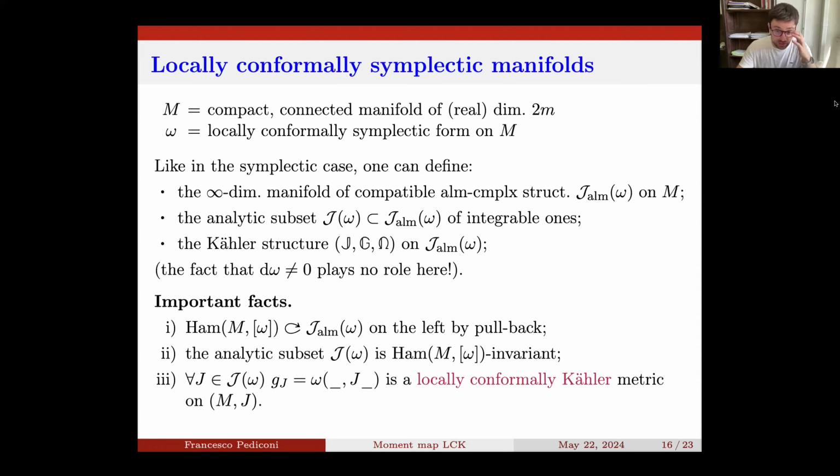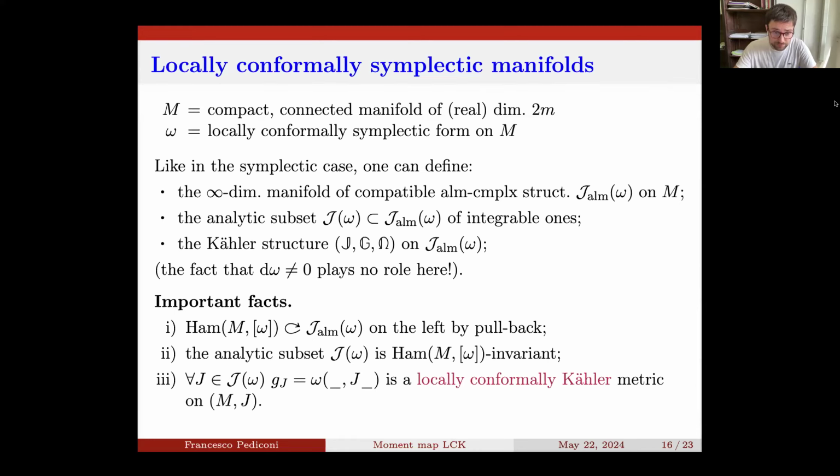Actually, one can also show that this infinite dimensional group of twisted Hamiltonian automorphisms acts on the left on the space of compatible almost complex structures by pullback, and that the analytic subset that corresponds to the integrable complex structures is going to be invariant under this action of the twisted Hamiltonian automorphisms.